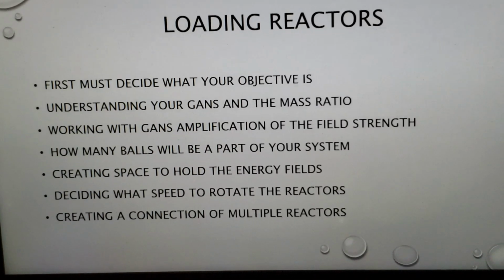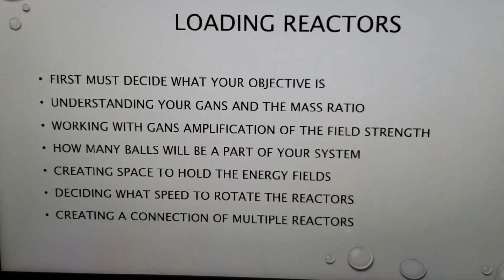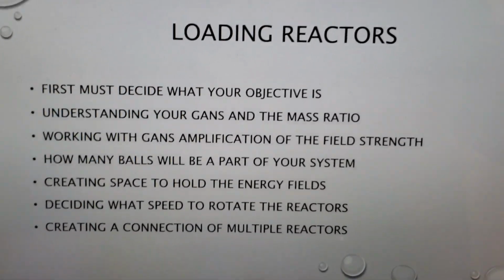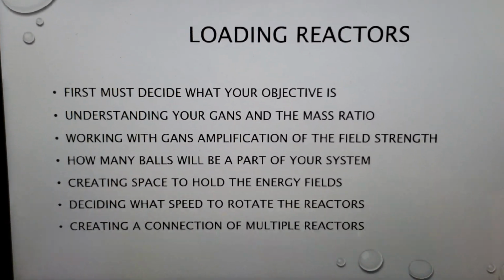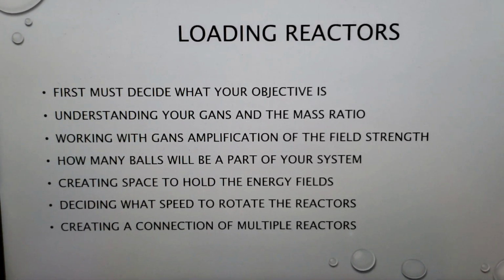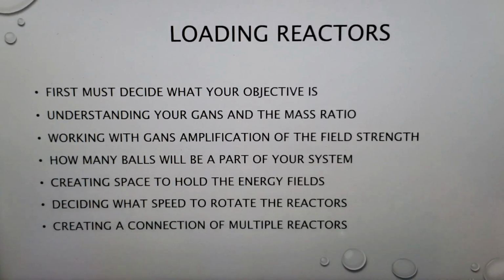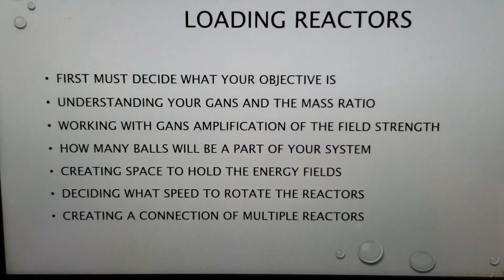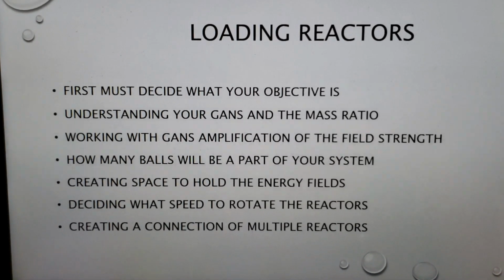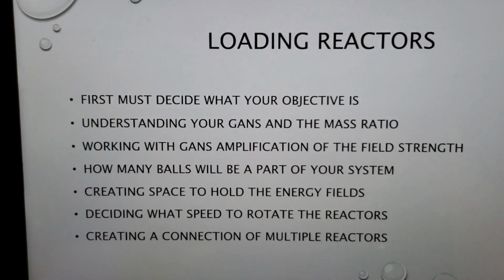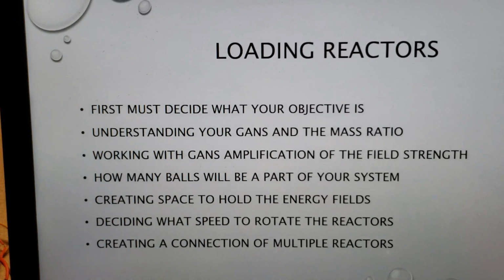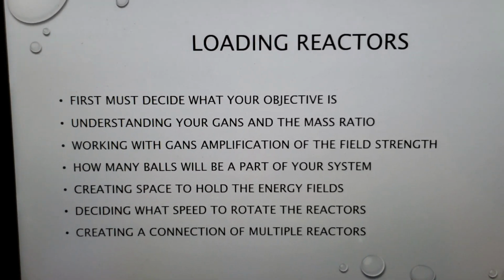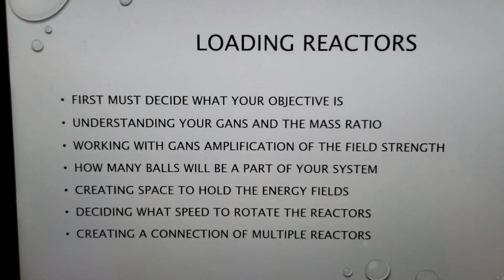So you need to understand what GANs you're using. Is your GANs magnetical, gravitational, more gravitational, more magnetical? Usually the GANs are both magnetical and gravitational, with the propensity to be one or the other in a higher strength. So you decide what GANs you're going to use, and then what mass ratio.